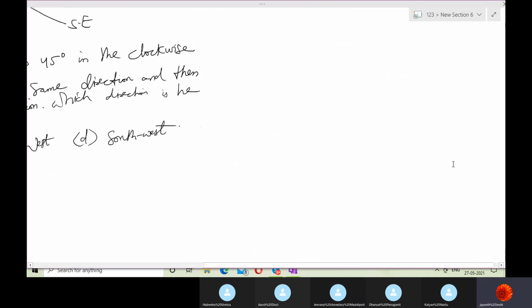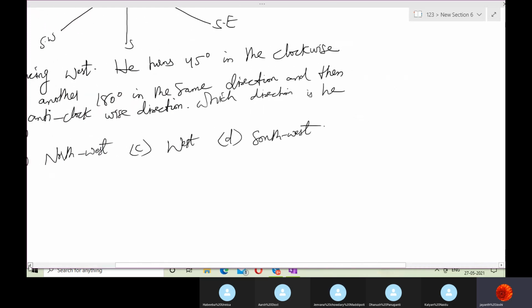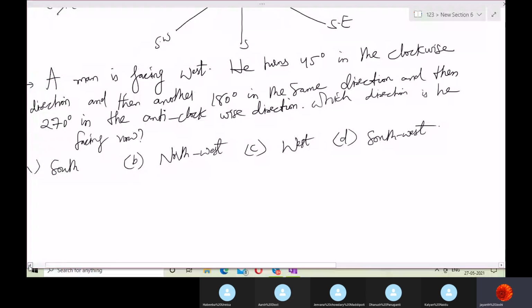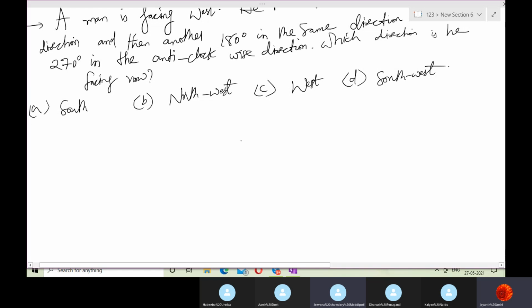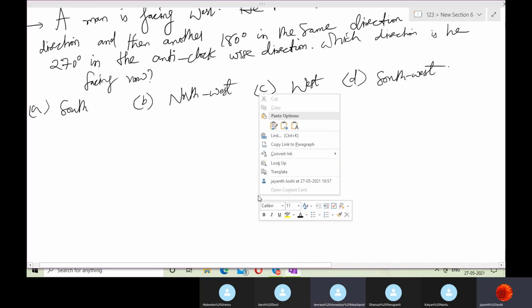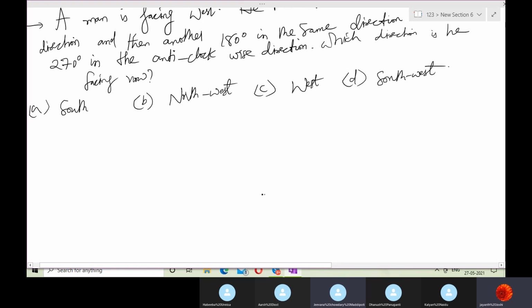See, a man is facing west. So here, if I take here, this is the position of the man right now. What is he facing? West. This is the west direction.